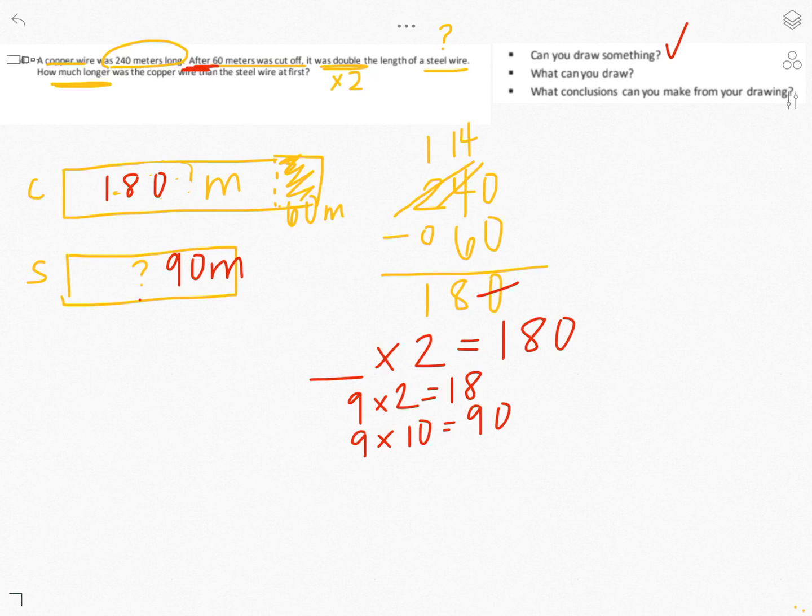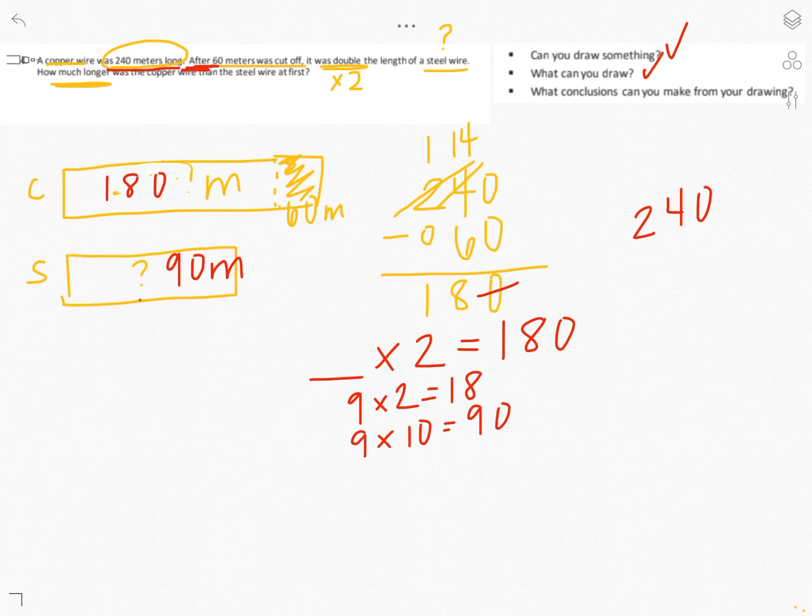Okay, let's look and see if we've answered our questions over here at the top. Can I draw something? Yes. What can I draw? I drew a tape diagram. What conclusions can you make from your drawing? Well, I know that the copper wire is longer than the steel wire by my drawing. When I look at my final question here, how much longer was the copper wire than the steel wire at first? Well, to start, my copper wire was 240 meters.